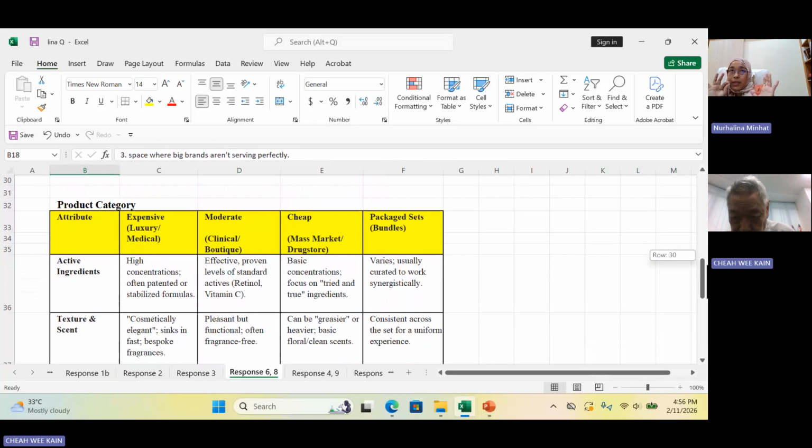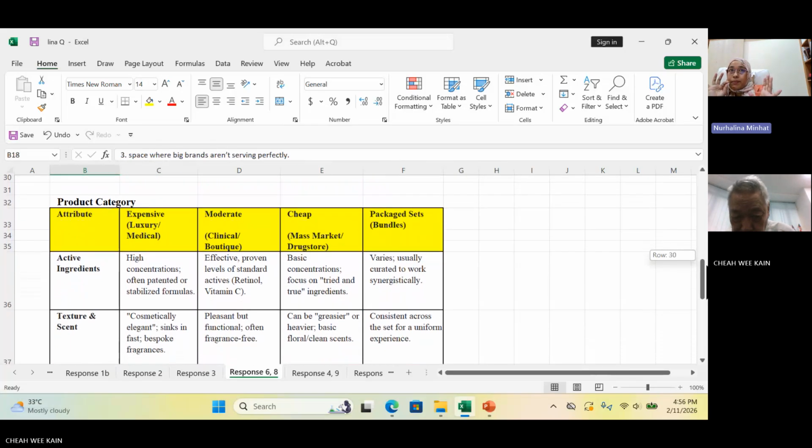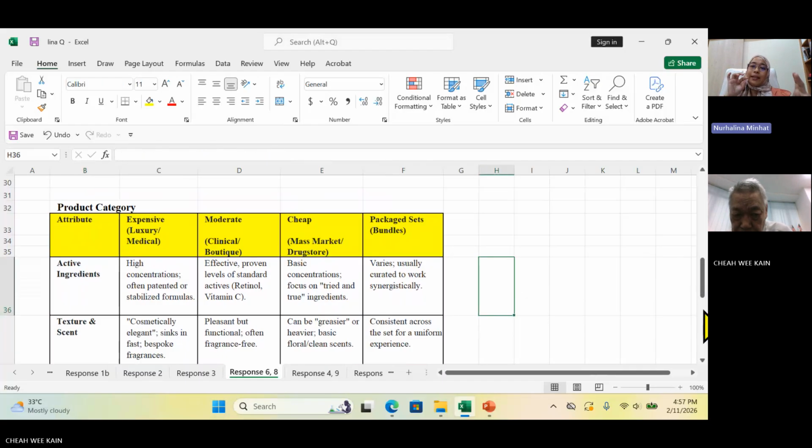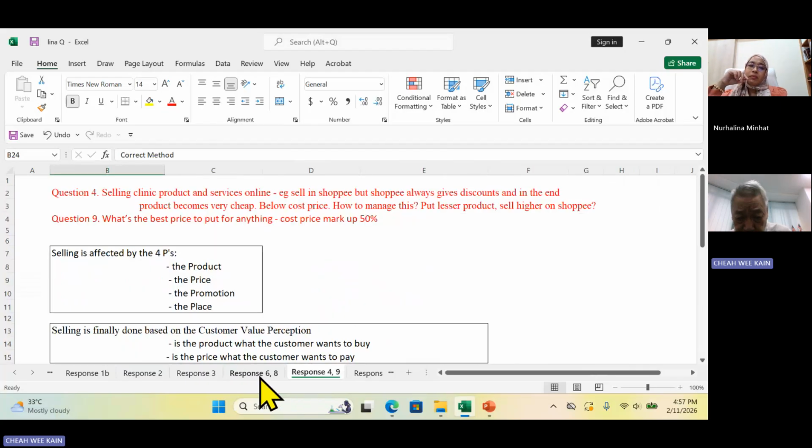They have a minimum amount, for example 500 products, a minimum order quantity, MOQ. So if I load myself with 500, then I need to market it. But just by sitting in the clinic, I cannot do that. So I have to have a platform, either Shopee or something.